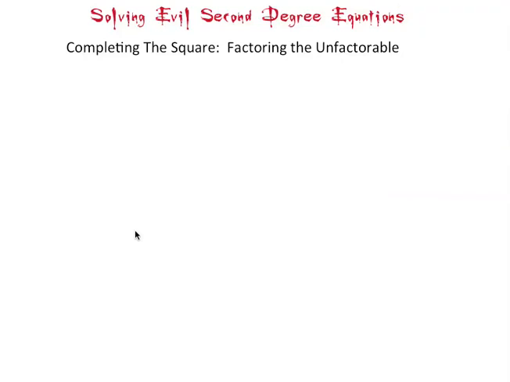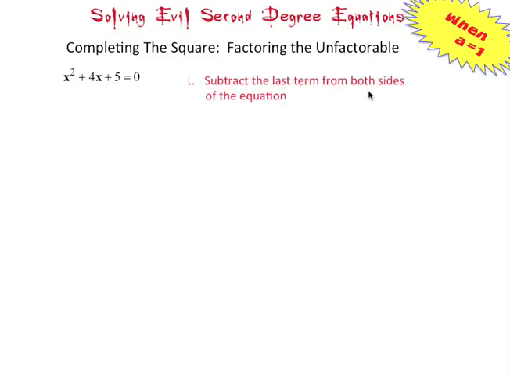Okay, let's look at another example, completing the square when a is equal to 1. Here we have x squared plus 4x plus 5 is equal to 0. Once again, I want to get rid of that 5, so I'm going to subtract the last term from both sides. We have x squared plus 4x is equal to negative 5.